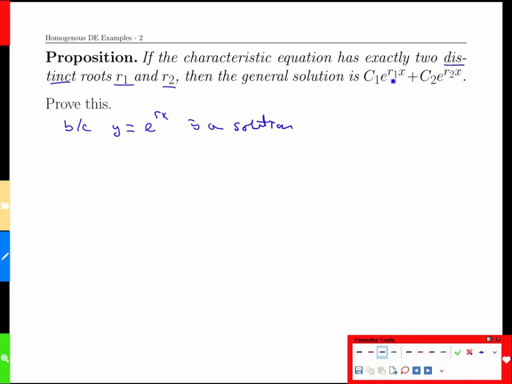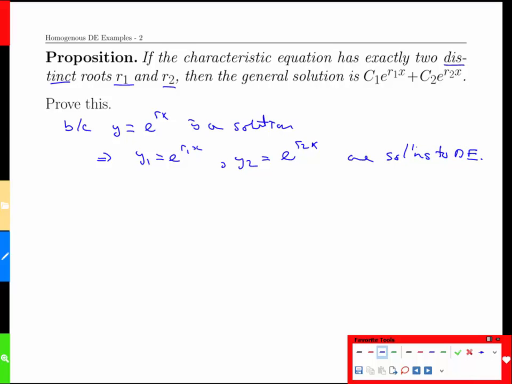And so by finding these two distinct values, y1 equals e to the r1x and y2 equals e to the r2x are definitely solutions to the differential equation.